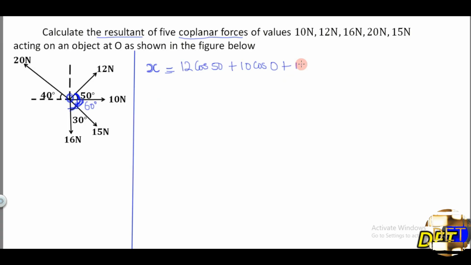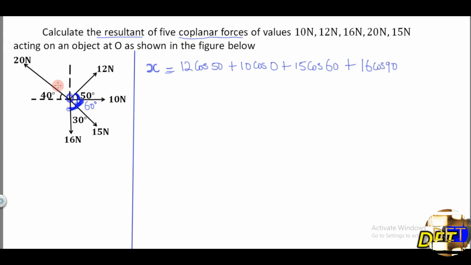So that will be plus 15 cos 60, plus the next force that I have is 16 Newton, and it will act towards the horizontal. From here down to the horizontal, and from here to here is 90 degrees: 30 plus 60 gives us 90. So that will be 16 cos 90.